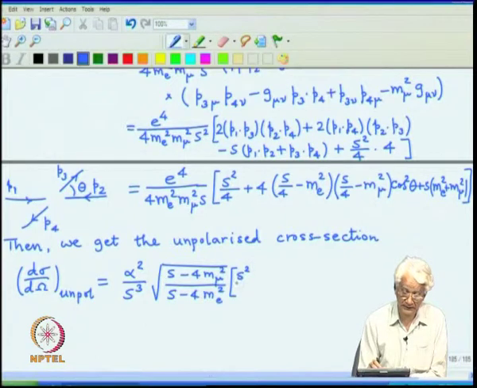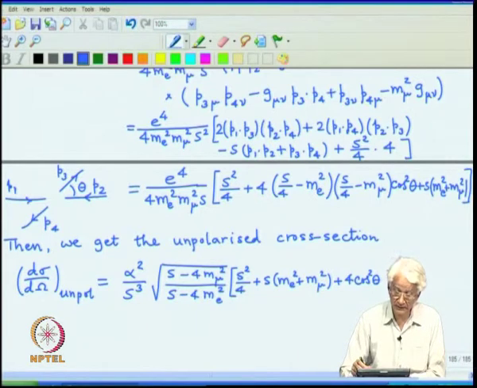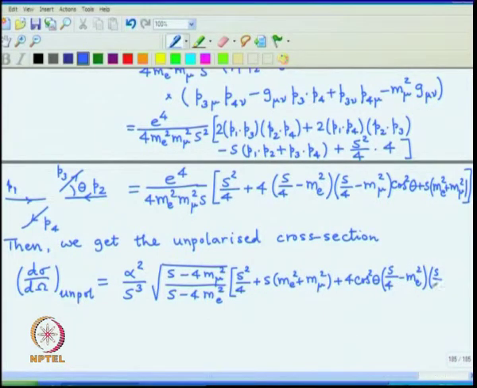So, it is s square by 4 plus s times (m e square plus m mu square) plus 4 cos square theta, and these are the factors of the momenta of electron and muon.